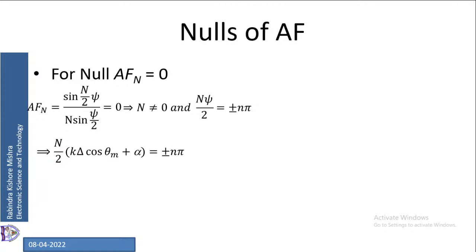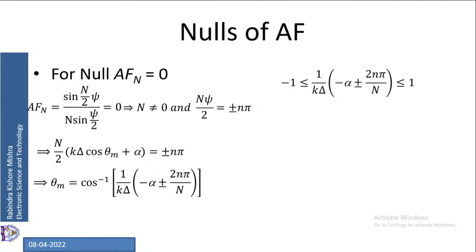So k delta cos theta m plus alpha is equal to plus minus n psi, and that gives you the null, where theta m now becomes cos inverse of 1 by k delta into minus alpha plus minus 2n pi by capital N. Now the limit on this: 1 by k delta times minus alpha plus minus 2n pi by capital N should be between minus 1 and plus 1. So that is the limit on that.